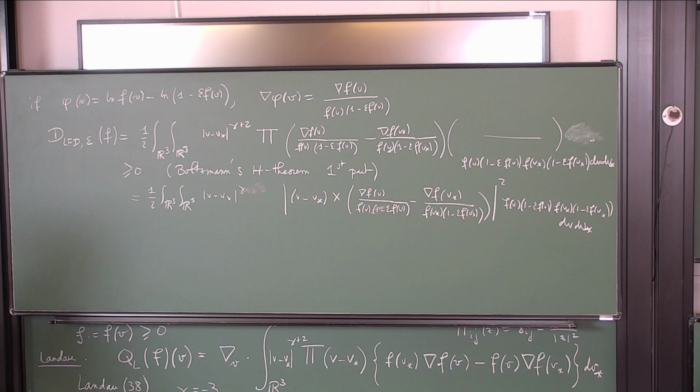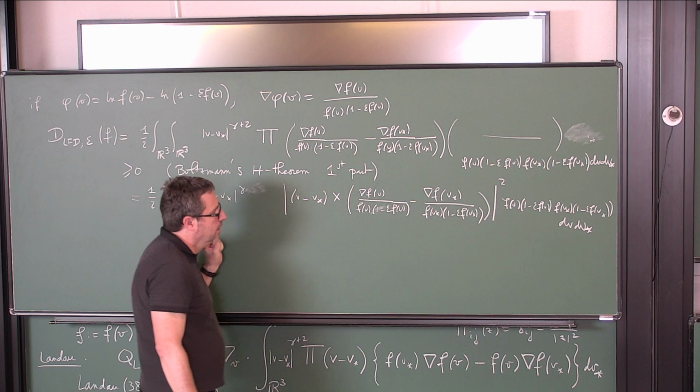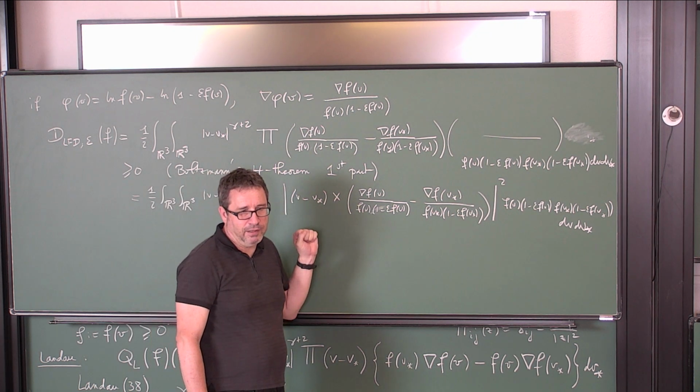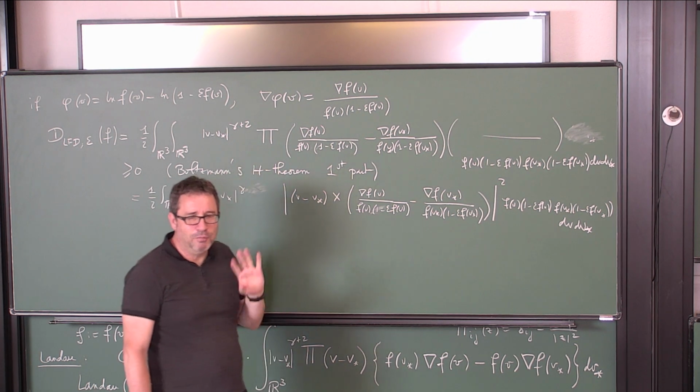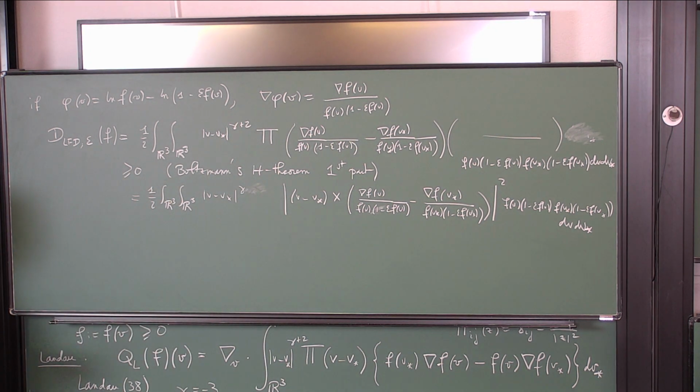So somehow I should be able to prove that if this quantity is equal to 0, then F is a Fermi-Dirac. So actually this computation is completely central to this talk, so I will do it seriously.